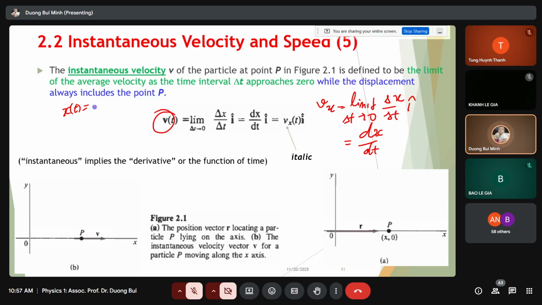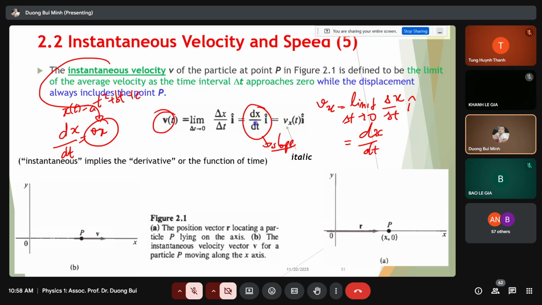For example, we have a quadratic equation: a t squared plus b t plus c. When we take the first derivative of x with respect to time, we get Vx, the instantaneous velocity. This is the slope.